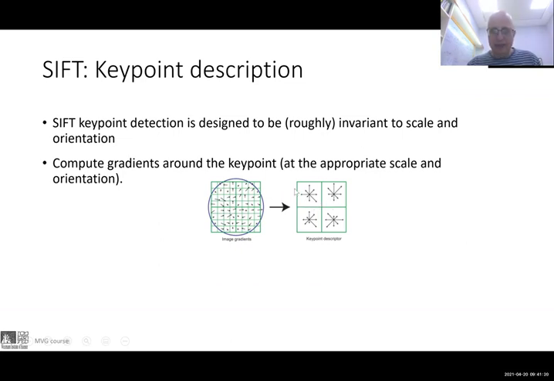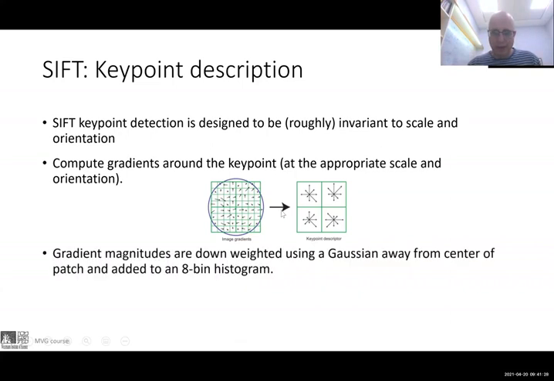And in each bin, you take a histogram of these directions. And usually you weight the histogram by a Gaussian, so that a gradient near the center of this square will be weighted more than a gradient that is in the periphery of this square.